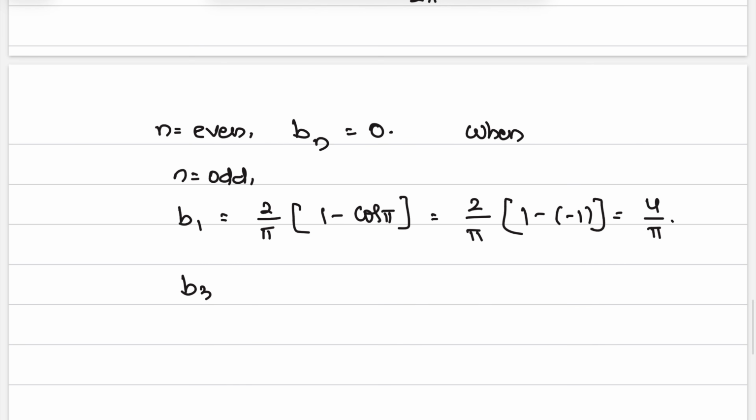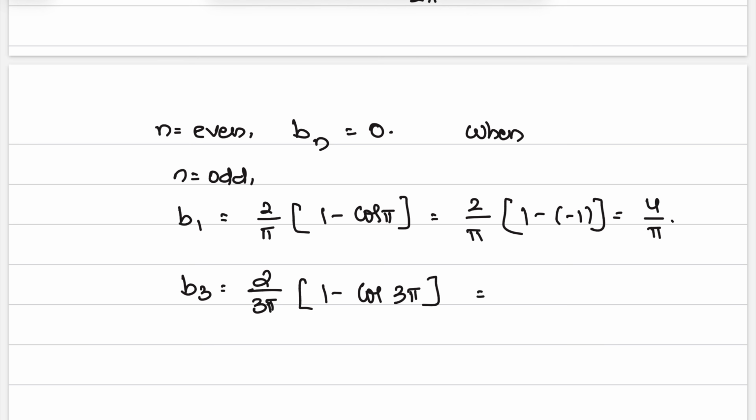When n is equal to 3, 2 by 3 pi into 1 minus cos 3 pi. This shows cos 3 pi is again minus 1.